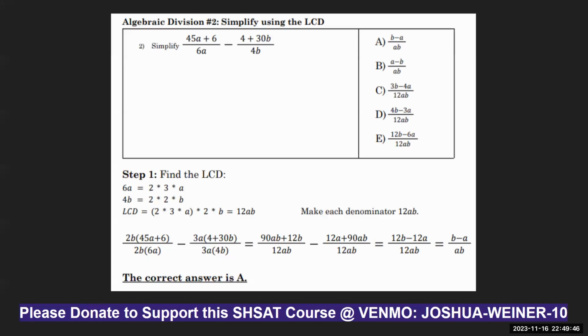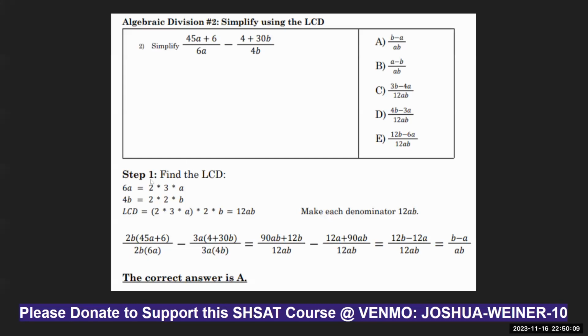Okay, so we have 6 and 4, and the least common multiple is 12. And then for the variables, we have a and b, so we need both a and b to make the denominator ab.